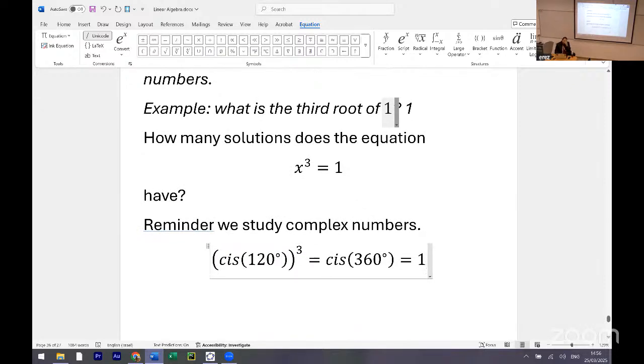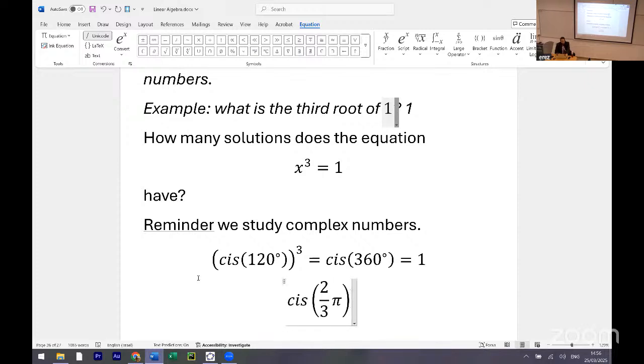Can you think of another number that when cubed gives you back 1? Before we continue, let's look at this result. So what is cis of 2/3 of a pi?